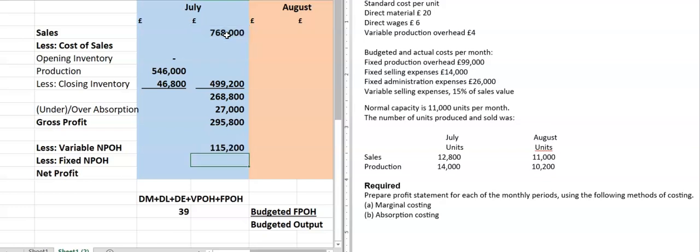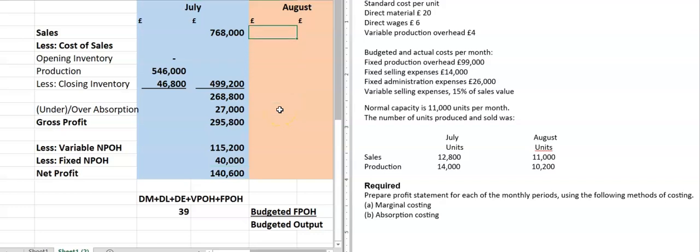Then after that, you have to less the fixed non-production overhead. Where is that? That is fixed selling expense 14,000 plus fixed administration expense 26,000. So this is your final answer. You start from the gross profit and minus your non-production cost. Then you will get 140,000.